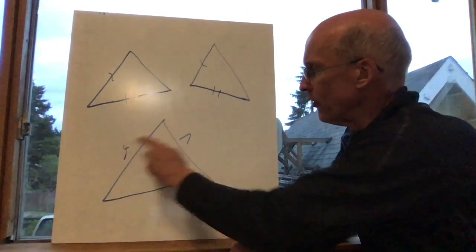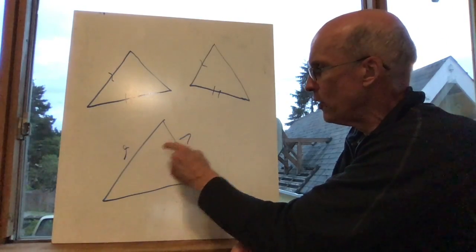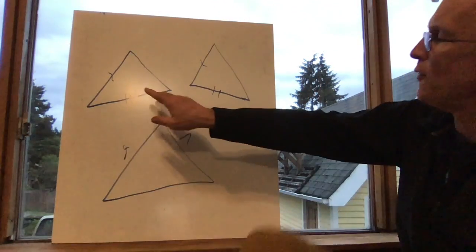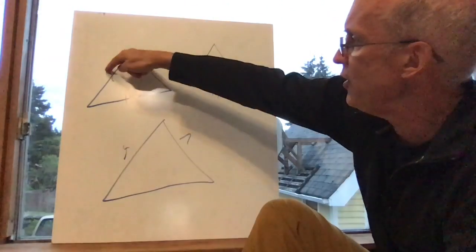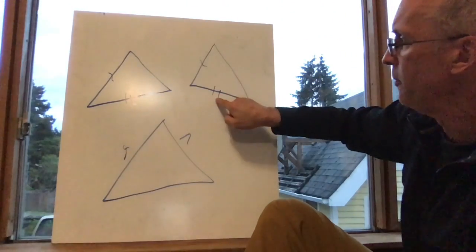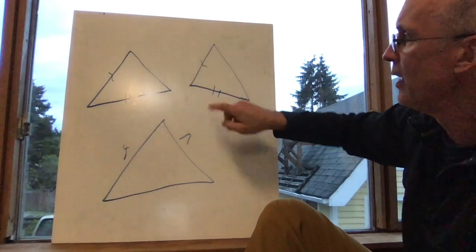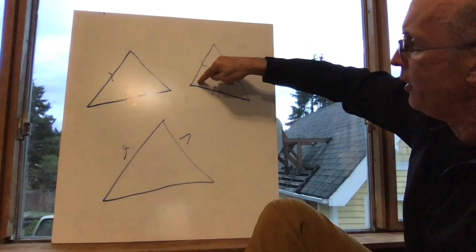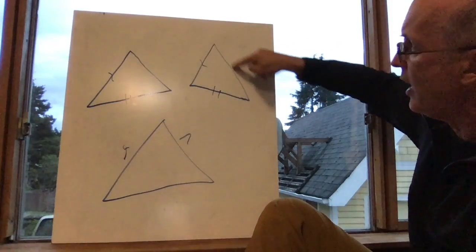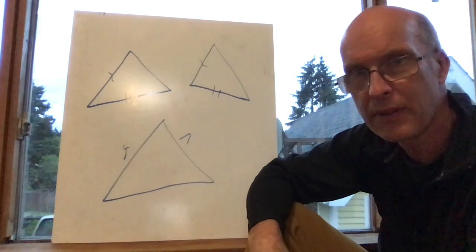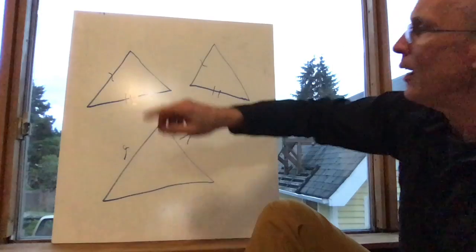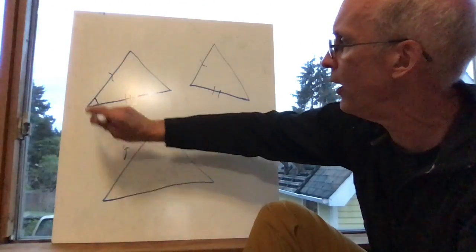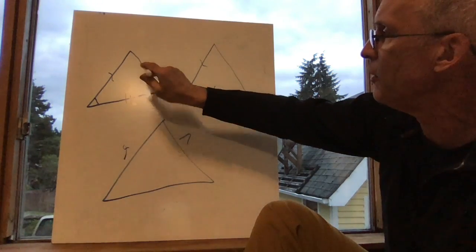If this side is longer than that one, then we know that angle is bigger than that one. Well, now if you think about it, if these two sides are the same, then if this angle is bigger, it means this third side is going to be longer. If this angle is smaller, right here, it means that side is going to be smaller.